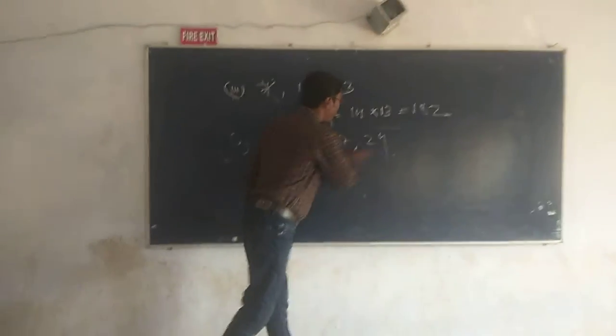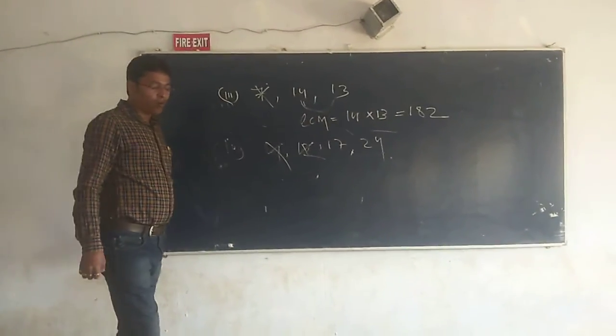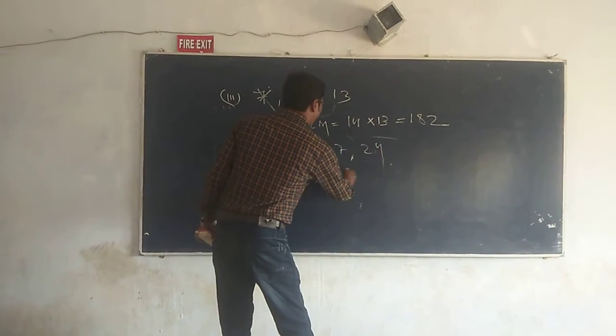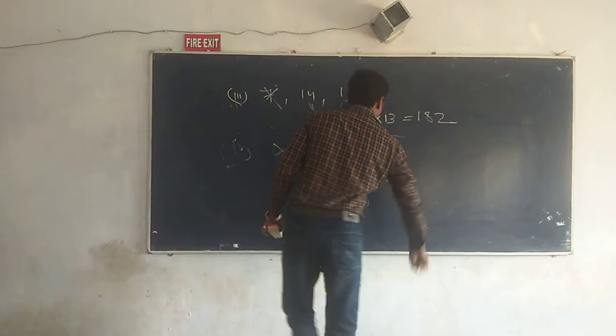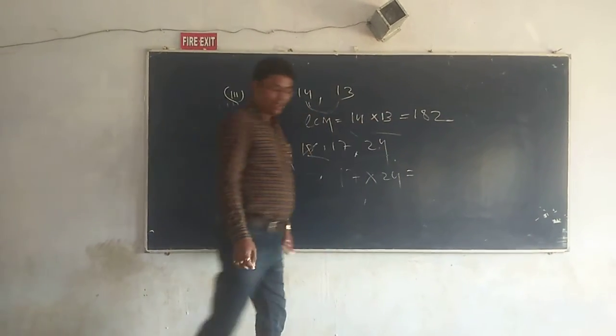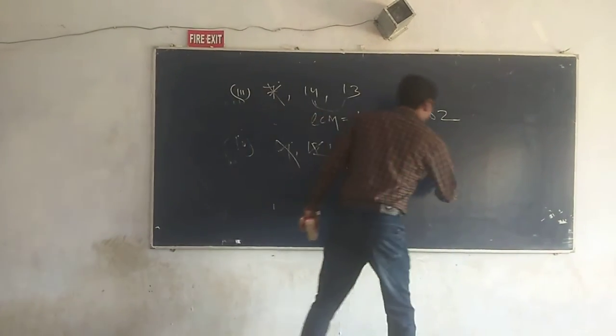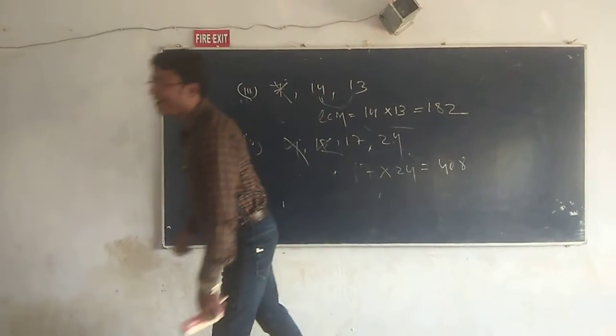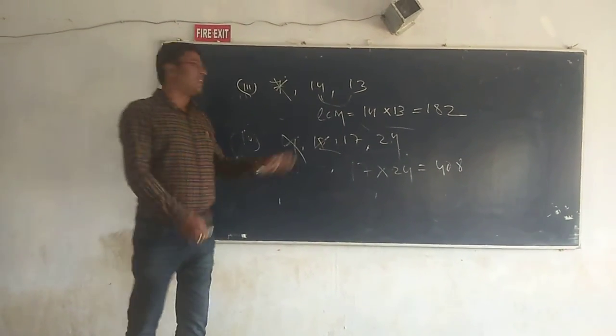So the remaining 2 numbers are not divided by one another. So how do you find out the LCM? You just multiply 17 into 24. So the LCM is your what? 408. So these are the tricks to find out LCM.